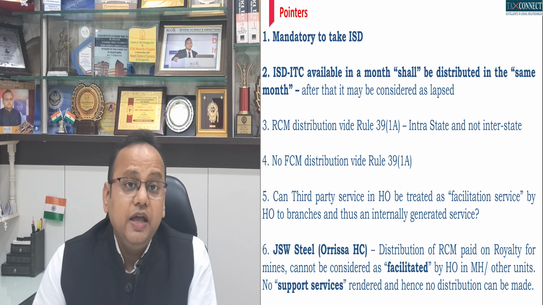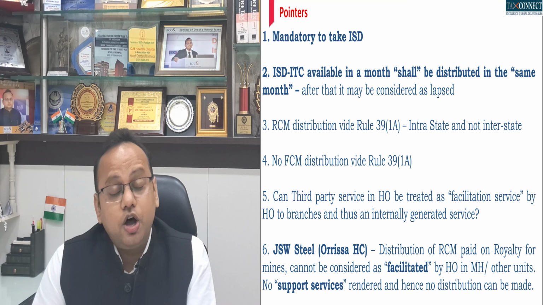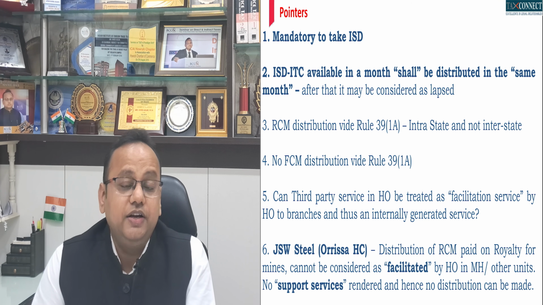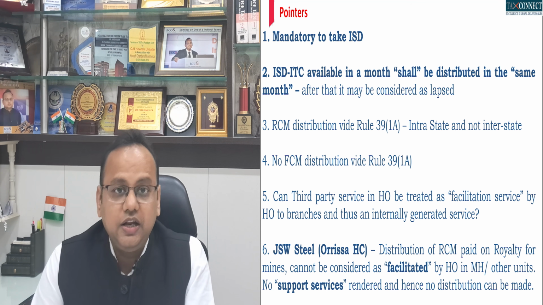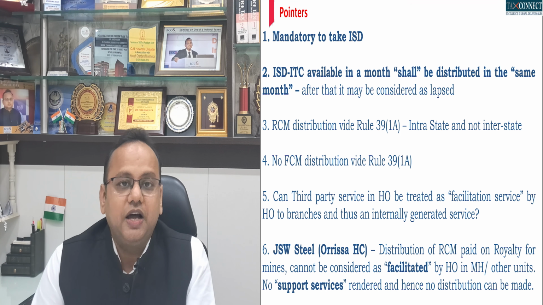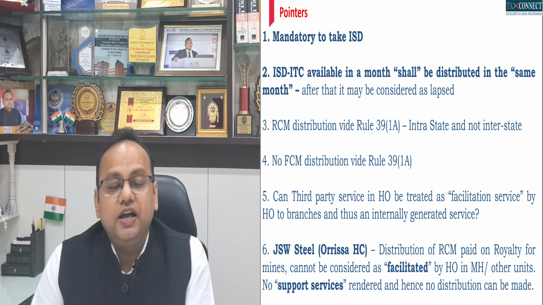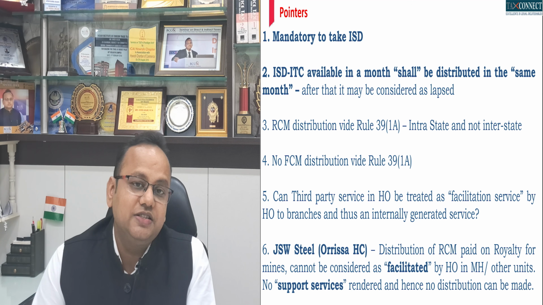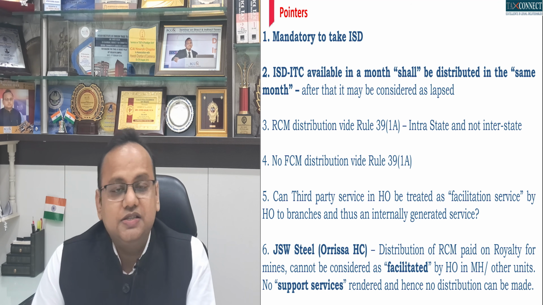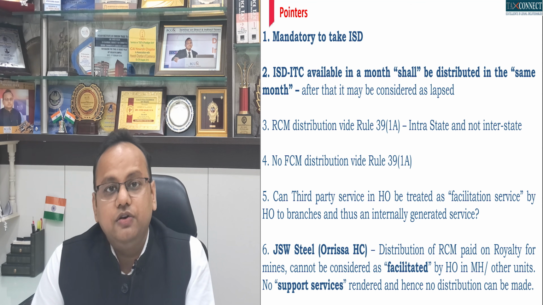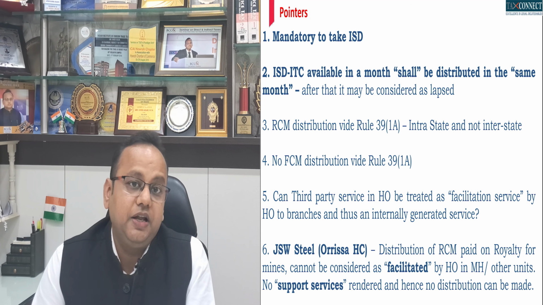In such case, you have to pay the RCM from the normal GSTIN of the HO state, then cross-charge from the normal GSTIN to the ISD registration of the HO state only. And thereafter from the ISD, you can distribute the input tax credit of this RCM which is paid. This procedure is specified in Rule 39 Sub-Rule 1 capital A of the CGST Rules.